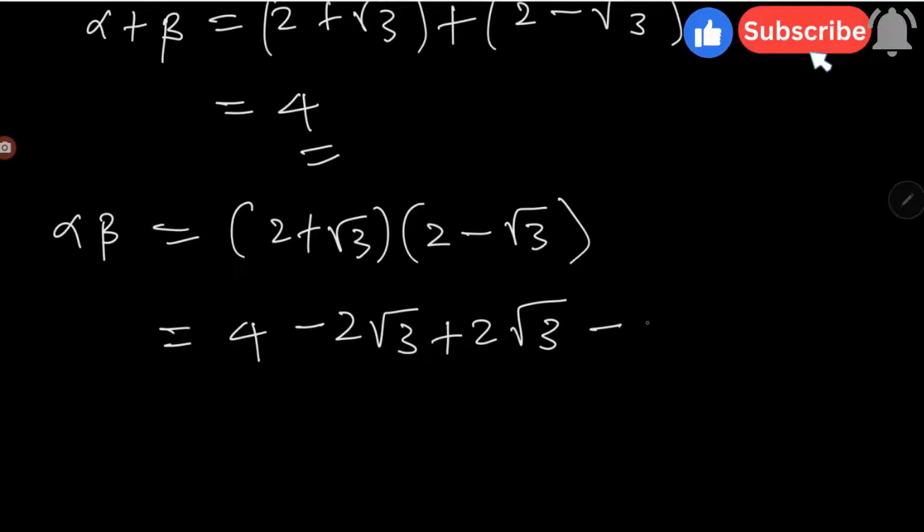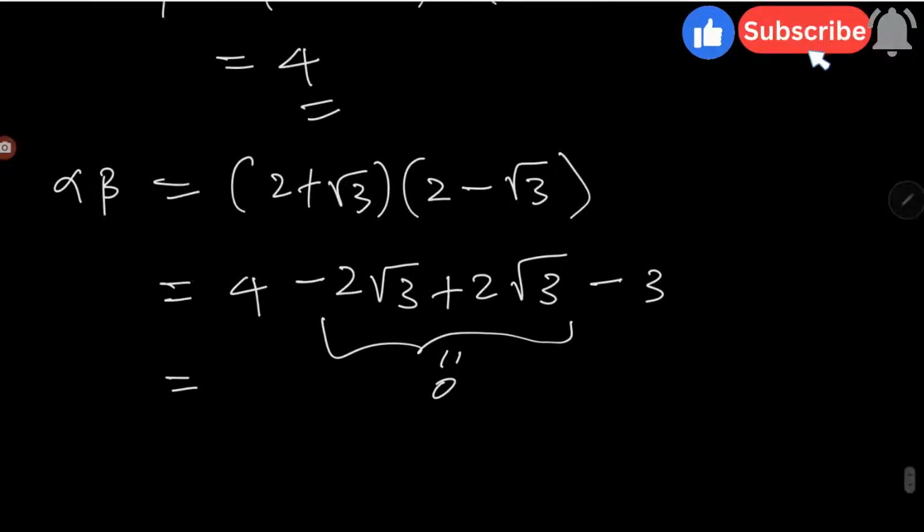Then we have minus 3, since root 3 times root 3 is root 3 squared. The middle term will disappear since it is going to be a 0, and this will be equal to 4 minus 3, which is 1. So our sum is 4 and our product is 1.